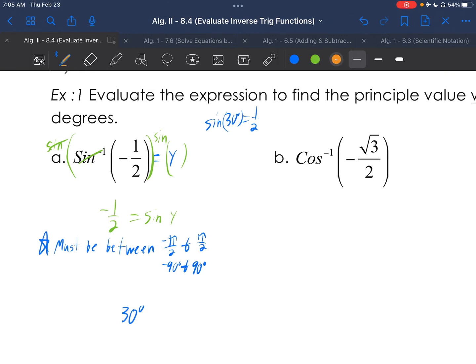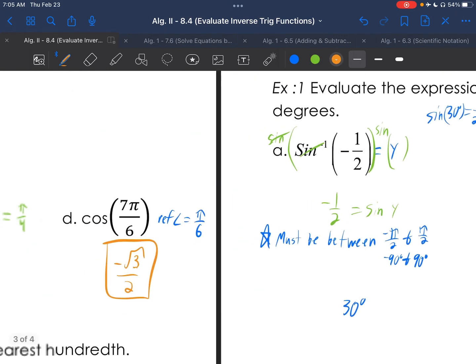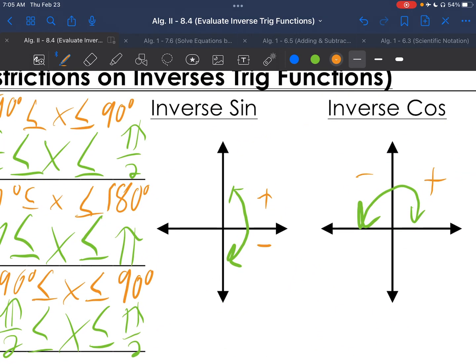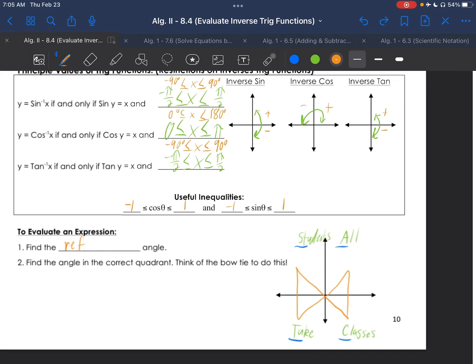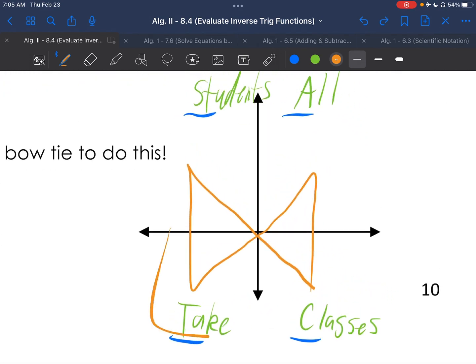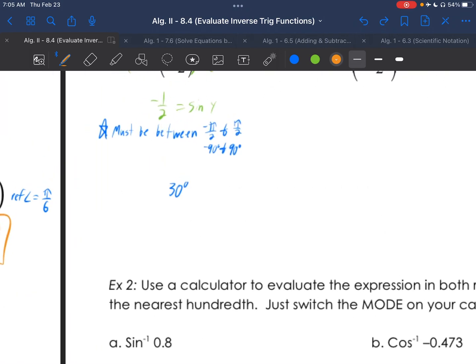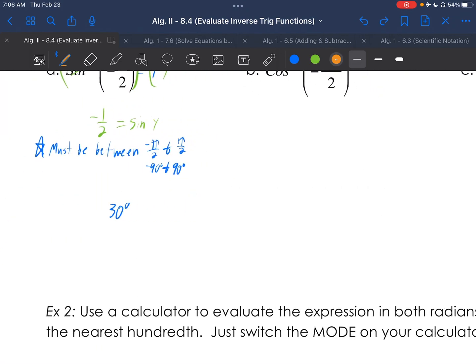Well, if it must be between 90 degrees and negative 90 degrees, as we talked about on our previous page, inverse sine only exists between quadrants 1 and 4, and we said sine is negative in quadrants 3 and 4, it must be quadrant 4. So that makes it negative 30 degrees for our answer, to make it in quadrant 4, aka negative pi over 6.